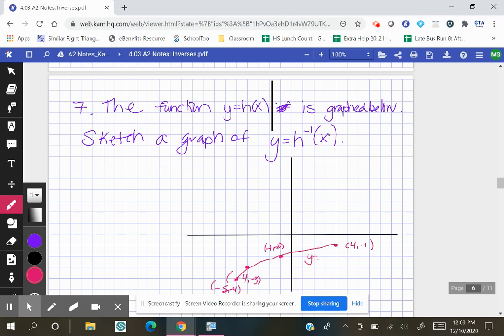So that is y equals h of x. That is given to you, and the question is, graph the inverse of that.